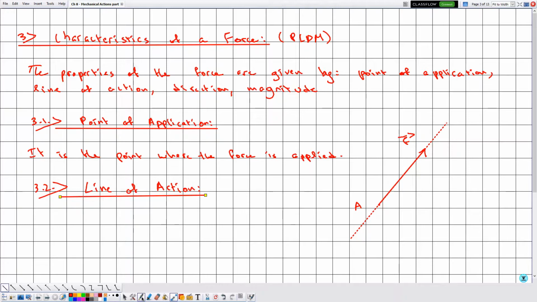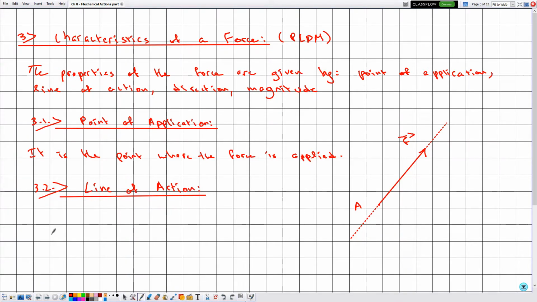The line of action is the line along which the force is applied. And we have the following choices.